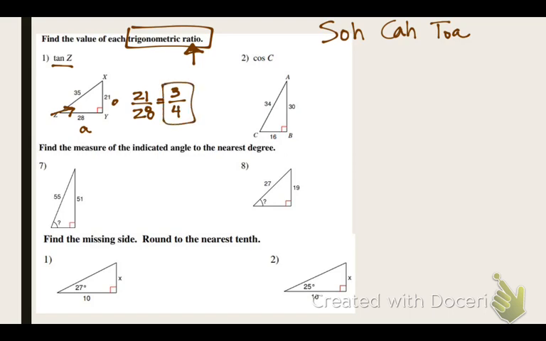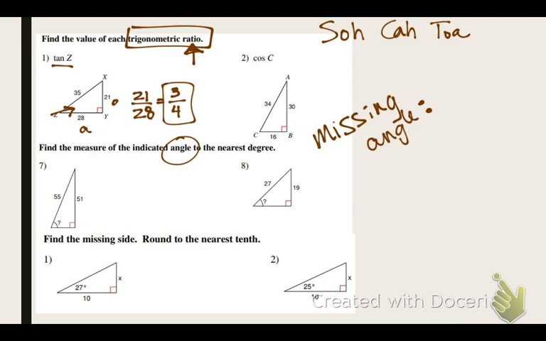If you look at the two types of problems you had on the classwork from yesterday, one of them says find the measure of the indicated angle. One of them says find the missing side. You do the same thing for both. Whenever you're missing an angle, you're going to use a very special button. So I want you to write it down again.